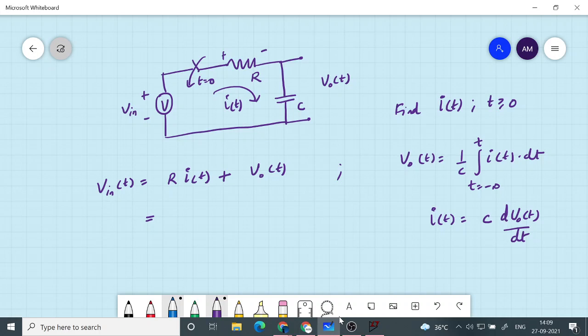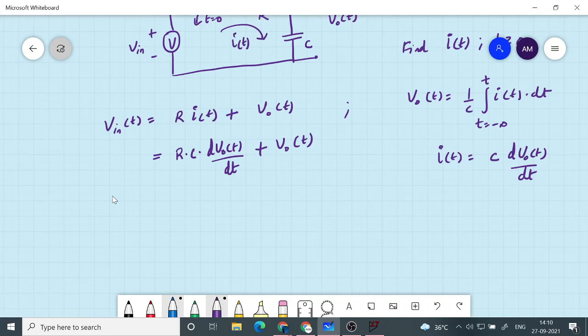Okay, so let's find out V0 of t. So substitute it here: V in of t equals R into C dV0 of t by dt plus V0 of t. So this is my differential equation. Now whenever you see a differential equation, in the Laplace transform method we can use it to solve this differential equation.